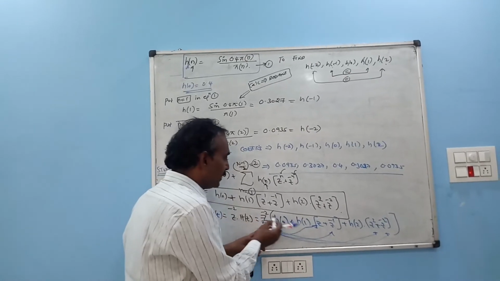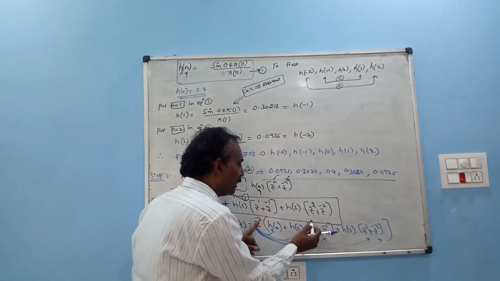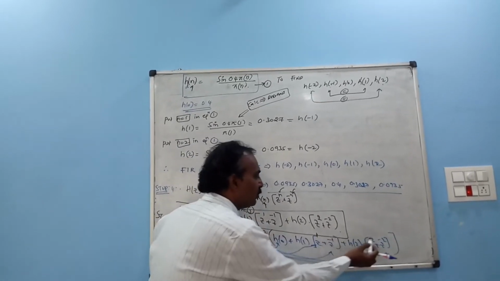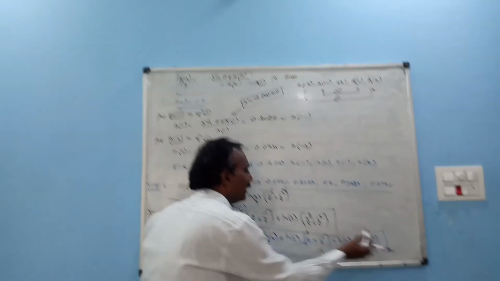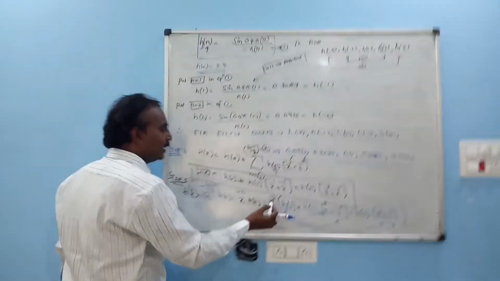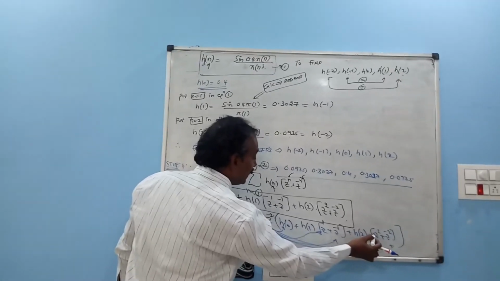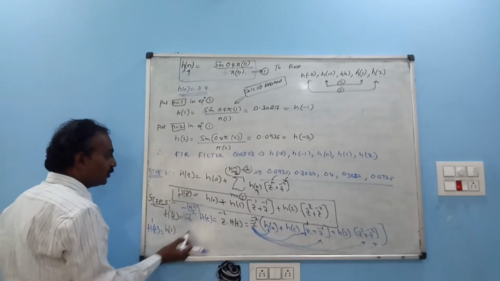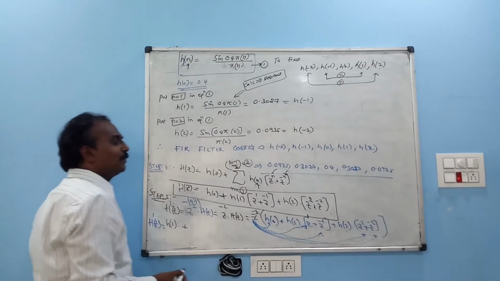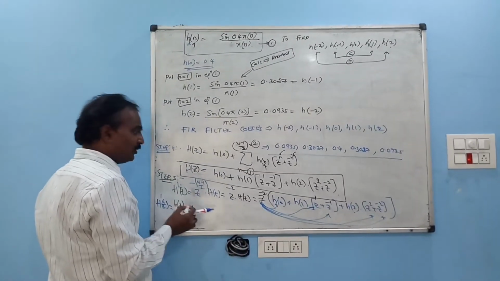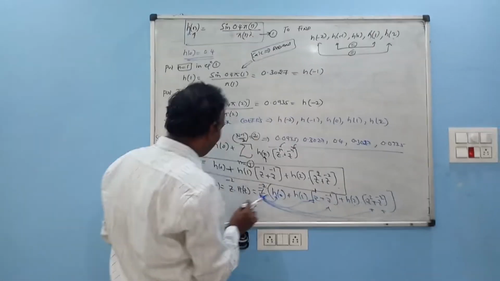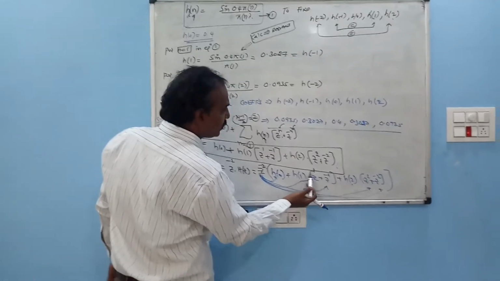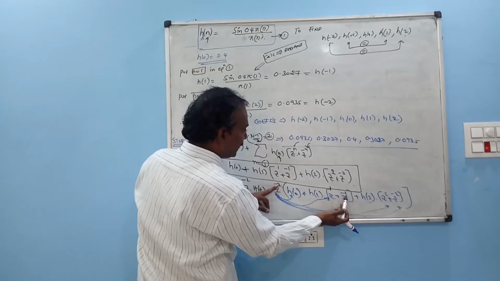This is minus 2, this is minus 2 plus 1 is minus 1, so minus 2 minus 1 is minus 3, minus 2 plus 2 is 0, then minus 2 minus 2 is minus 4. Now if I write in order, this 0 term is multiplied by h of 0, that is z power 0. Now let me write starting from negative only: z power minus 2, z power minus 3, z power minus 4.